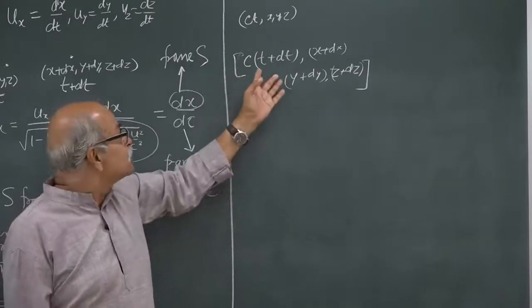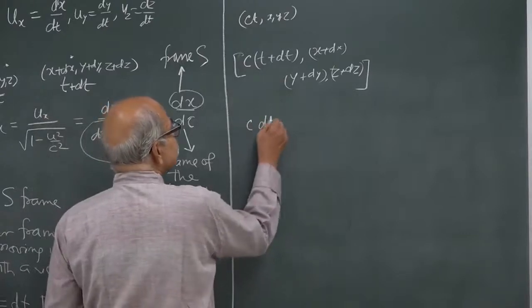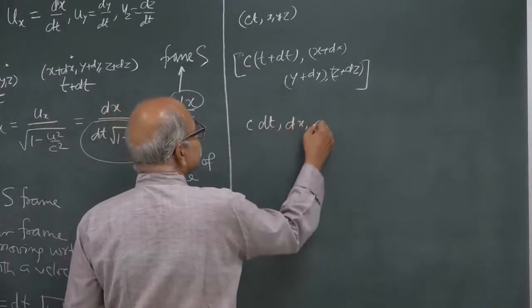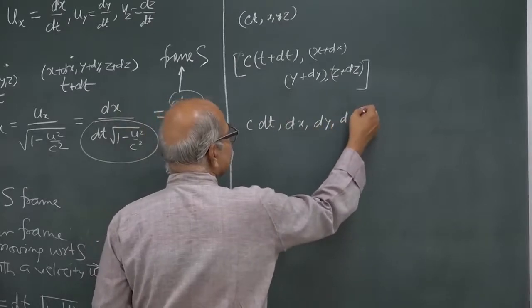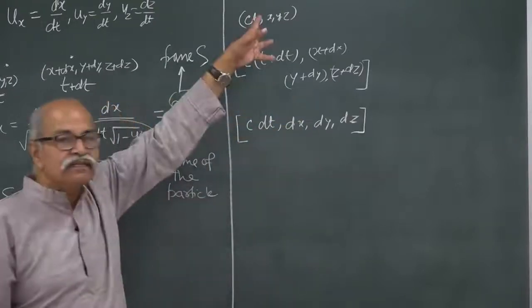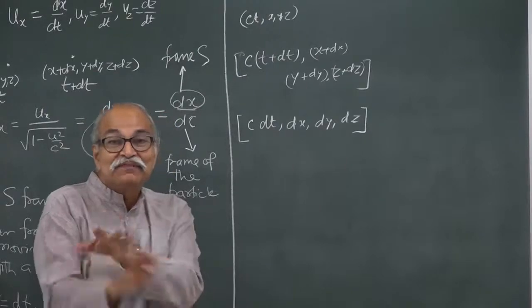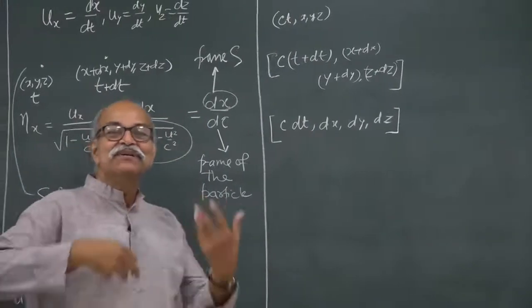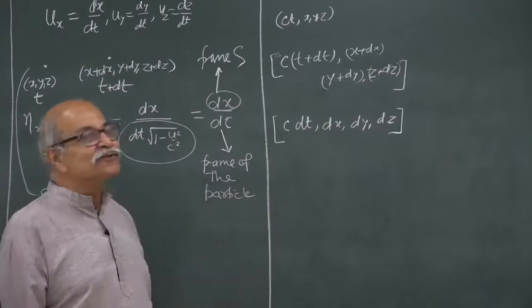And therefore, if you subtract, what you get is c times dt and then dx, dy and dz. So, this is also a 4 vector. You add them, you subtract them, do not multiply, or do a linear combination, and that also is a 4 vector.